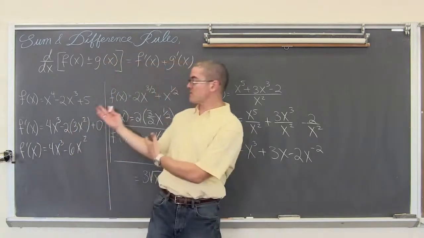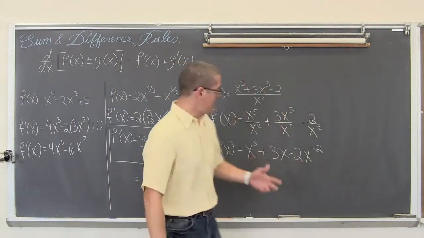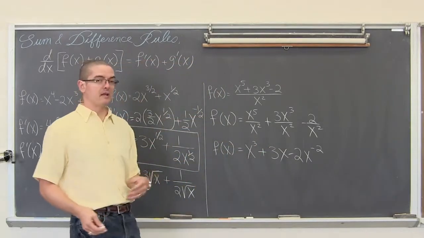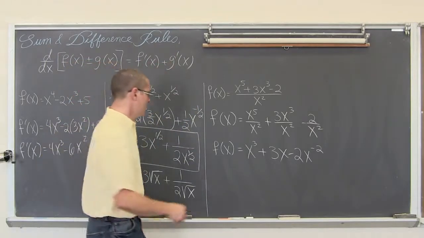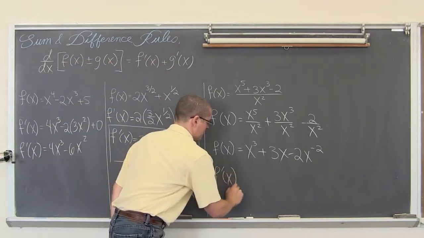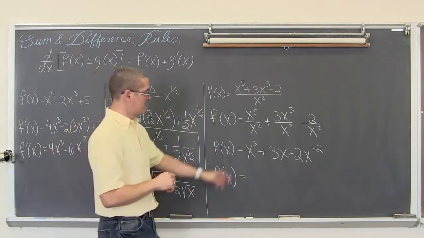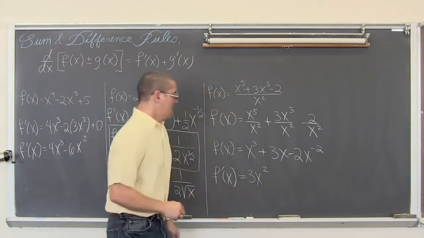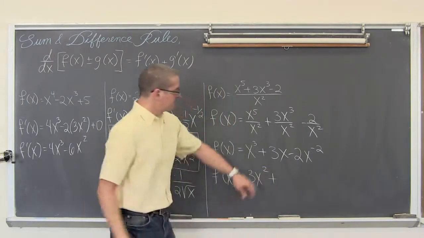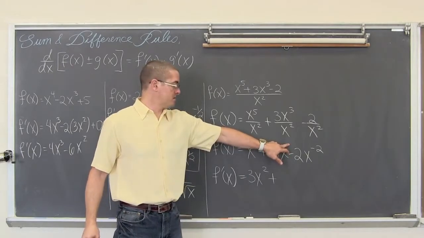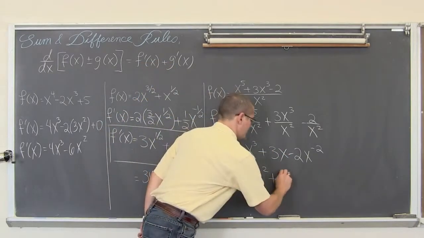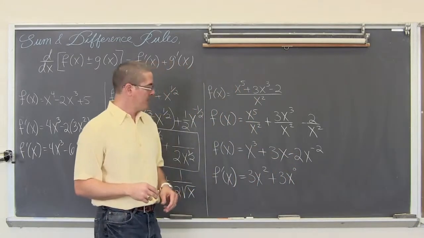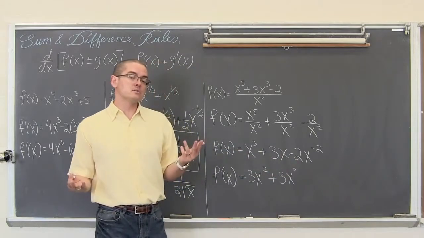And now this is really just like these first two examples. We're going to find the derivative of each term separately, and the final answer is just the sum of all those individual derivatives. So f prime of x, or the derivative of f with respect to x, is equal to, take this 3, drop it down, 3x squared plus, this has an exponent of 1, so when I drop that down I'm going to have 3 times x to the 0 power because 1 minus 1 is 0, and anything to the 0 power is 1.